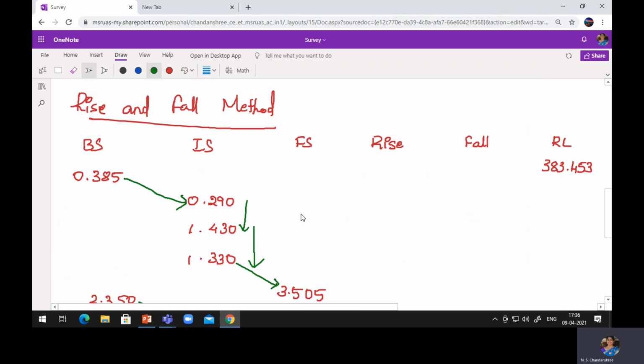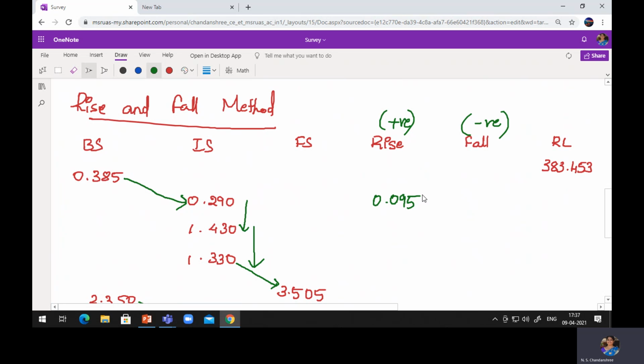So first value minus second value is 0.385 minus 0.290. So we get positive, that is plus 0.095. When we get positive, write those values in rise. When we get negative, write those values in fall. So for this column, the rise is 0.095.